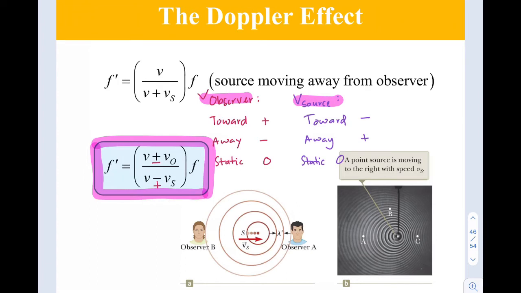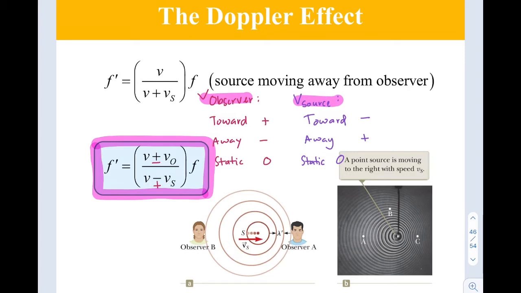In this equation, the frequency heard by the observer is equivalent to the speed of sound in air, plus or minus v of the observer, over v of the sound in air, minus or plus v of the source, bracket everything here, times the original frequency coming from the source. Normally the signs are opposite: if this one is plus, this one is normally not minus.